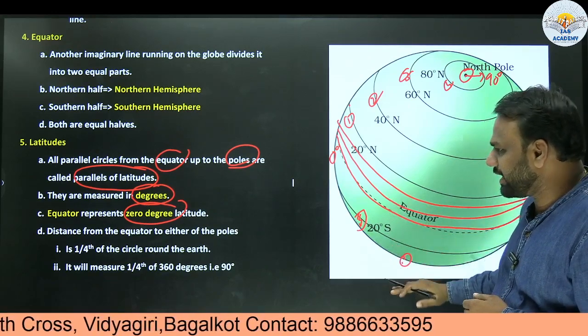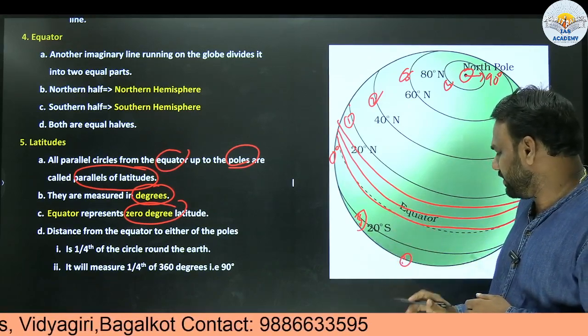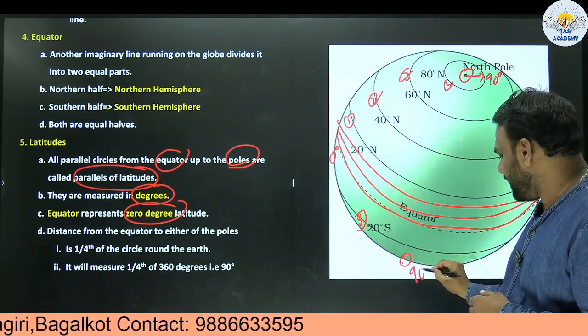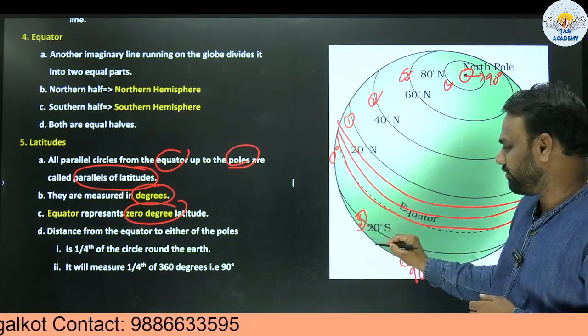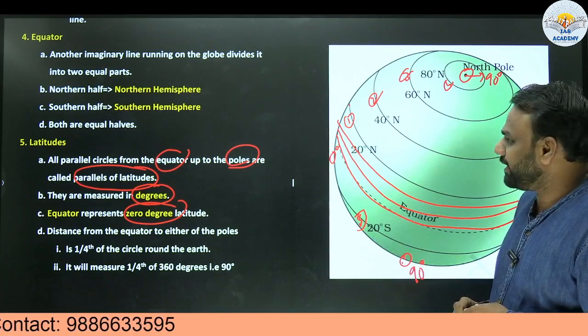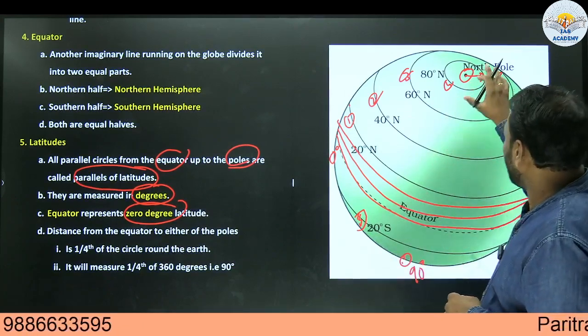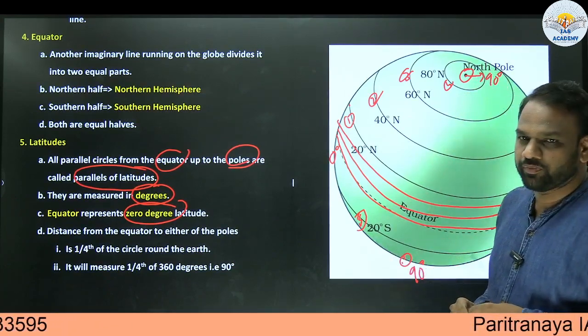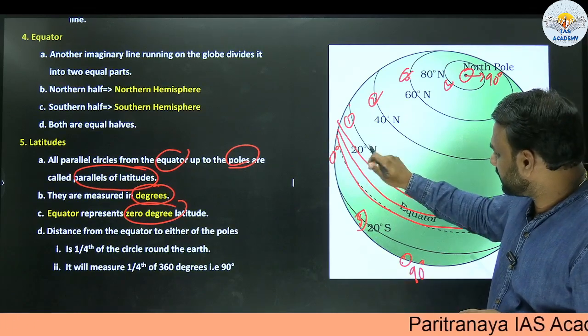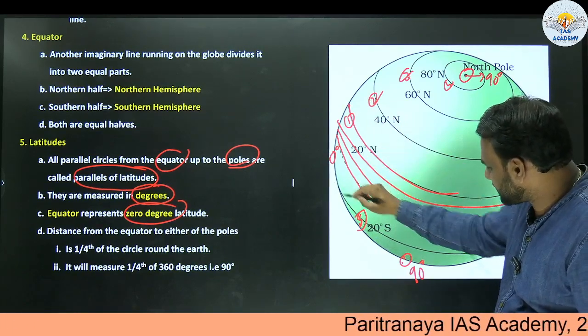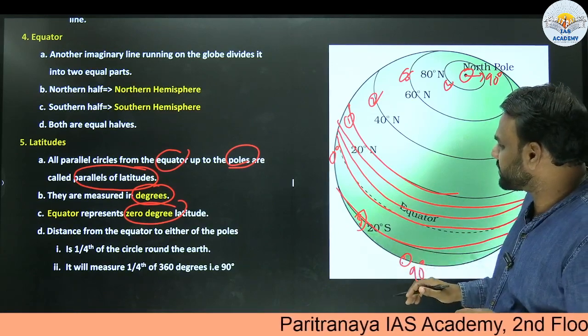Similarly, when we move towards the southern direction, south will also have 90 degree: 10, 20, 30, 40, 50, 60, 70, 80, 90. But we want to distinguish the north pole from the south pole, and distinguish this line from this line. How do we distinguish?